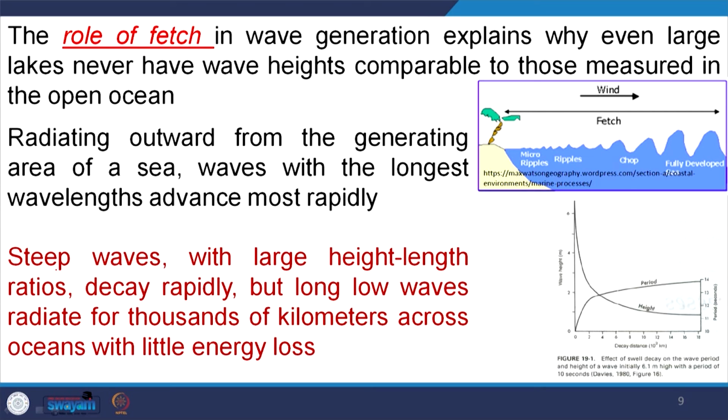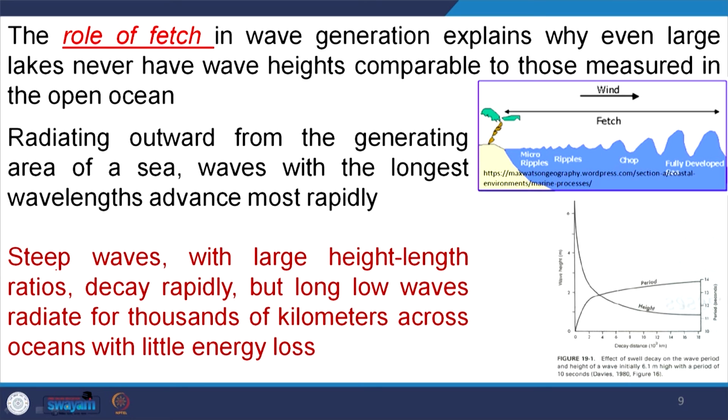Once it comes to the breaker zone, the nature of the wave changes. Once it was created as a high wavelength, low amplitude wave, but coming to the breaker zone it becomes a low wavelength, high amplitude wave, and finally it breaks down.